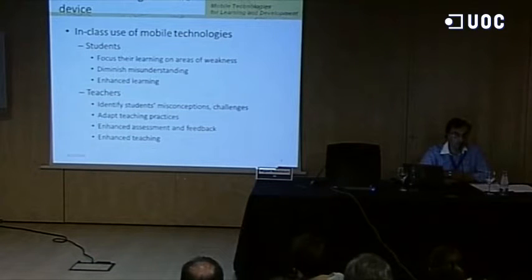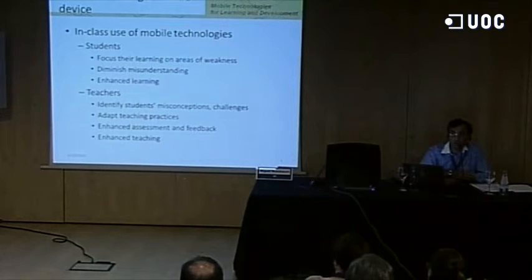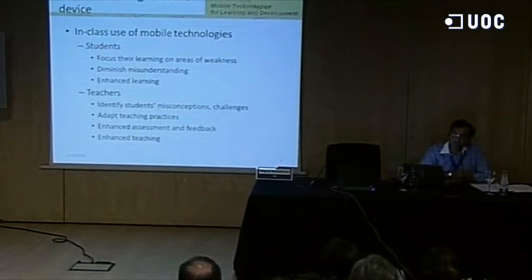Firstly, if you observe m-learning from the point of view of the students, for instance, they can focus their learning on areas of weakness. In all classes there are better students and bad students. There are students that have some difficulty in this area or in that area. So it's necessary to have tools that the student can use to repeat the text, repeat the exercises, repeat hearing the concept, to try to understand.